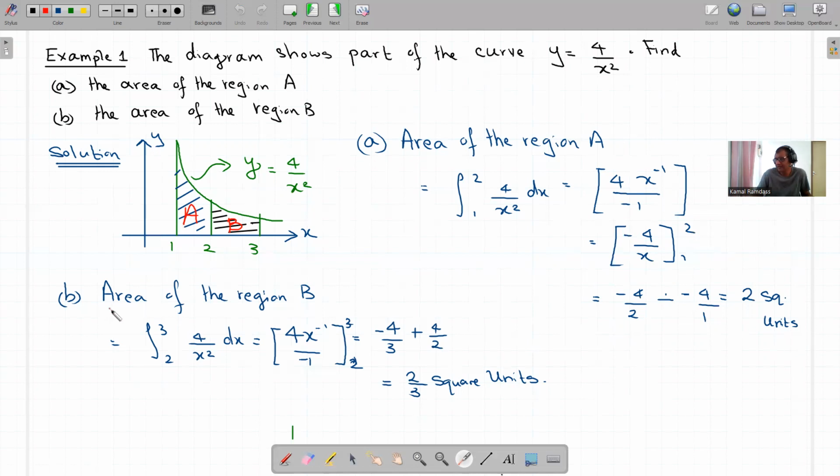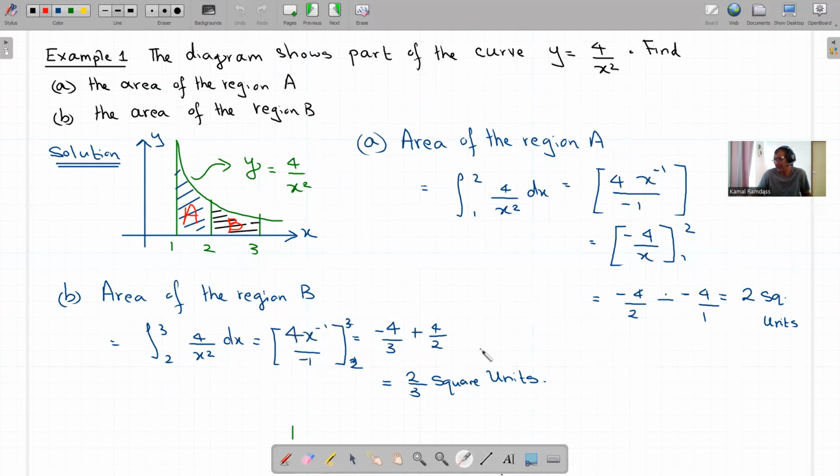Area of the region B. The same integration, but now from 2 to 3, bounded by 2 and 3. Here we get minus 4 over x, divided by minus 1 because it is x to the power minus 1.